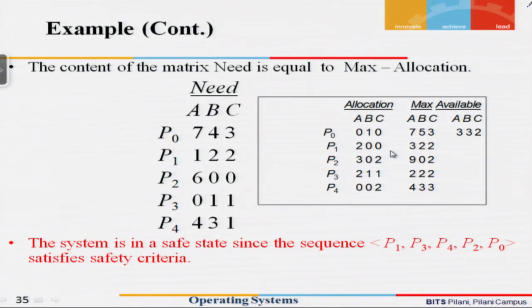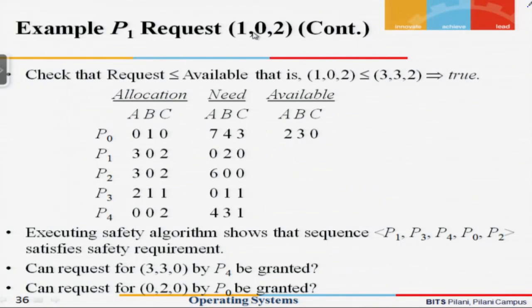P1 is trying to make a request for 1 0 2, which can be met from 3 3 2, so my need matrix and my allocation matrix both will get modified. This is the modified matrix I get after pretending to grant the request. Once I get this matrix, I need to check whether this snapshot of the system would give me a safe sequence.